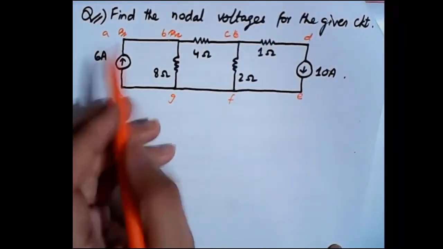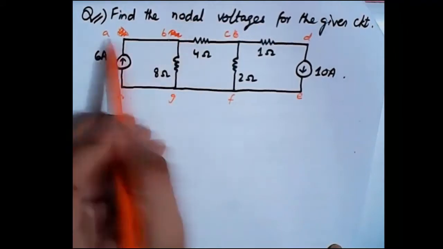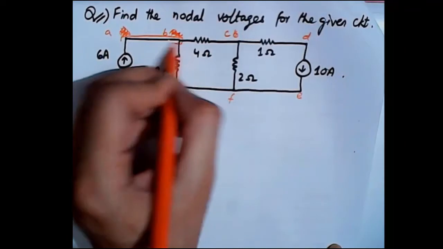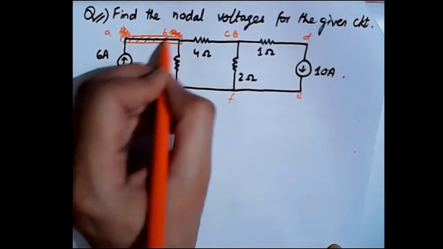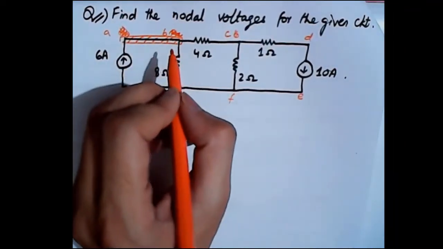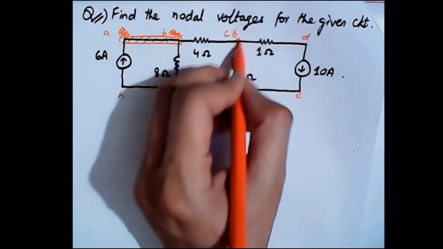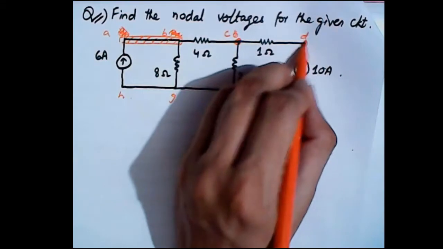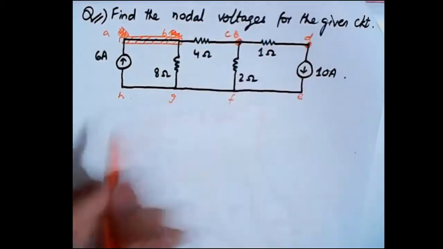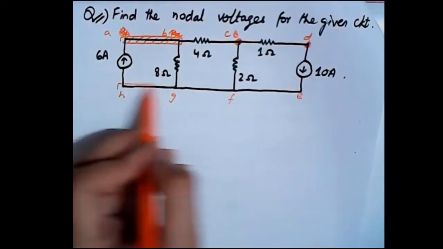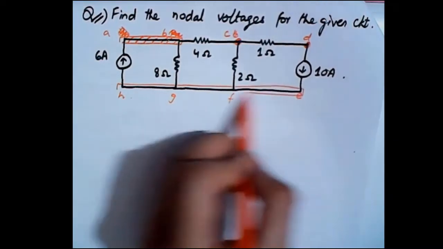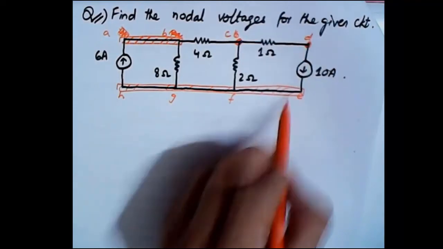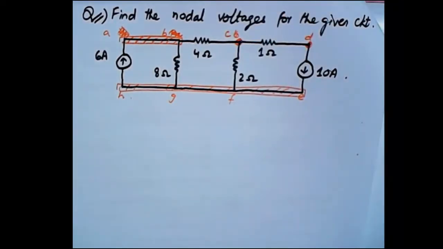Again, you can see that there is a short circuit between points A and B, so this will be considered as a single node. Point C will be a separate node. Then we have point D, again a separate node. And points E, F, G, H, again there is a short circuit between all these points, so they will again be considered as a single node.